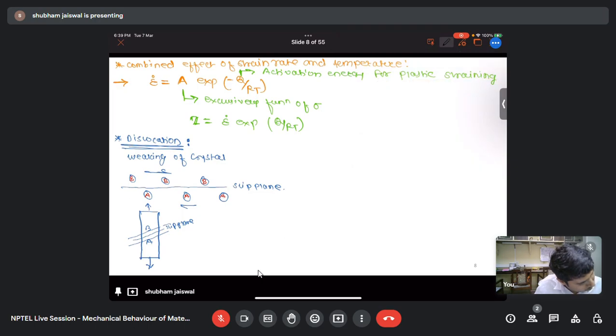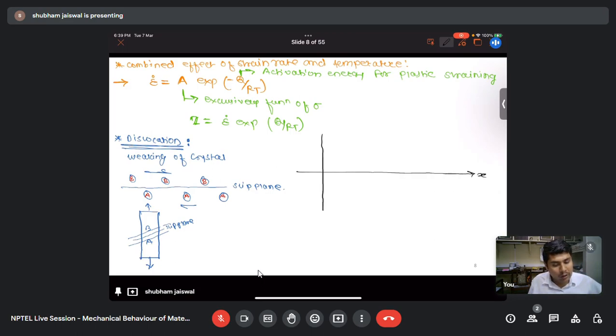So let's say this is X, and X is nothing but the distance that the atoms have moved. And b is the distance between the equilibrium positions. So let's say I have two equilibrium positions.